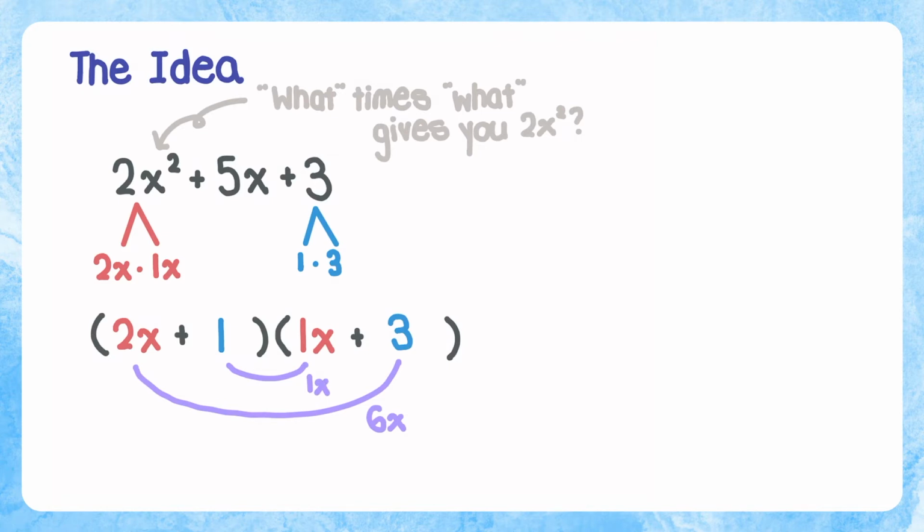And now I'm going to combine these terms. So what is 6x plus 1x? That's 7x. But up here with this original expression, I want 5x. And so 7x is not equal to 5x. So I know that this guess was incorrect.